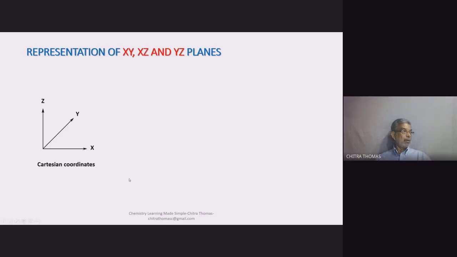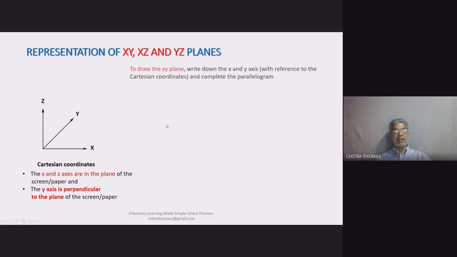In the Cartesian coordinate system, the X and Z axes are in the plane, and the Y axis is perpendicular to them. I'll just give you a direction. To draw the XY plane, write down the X and Y axes with reference to the Cartesian coordinate and complete the parallelogram. You try it yourself before I do it.